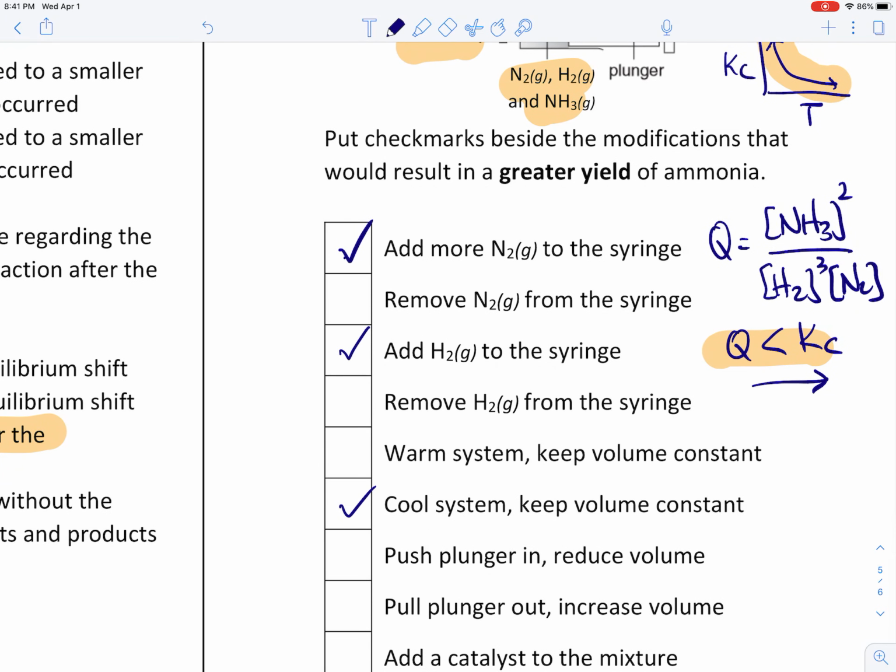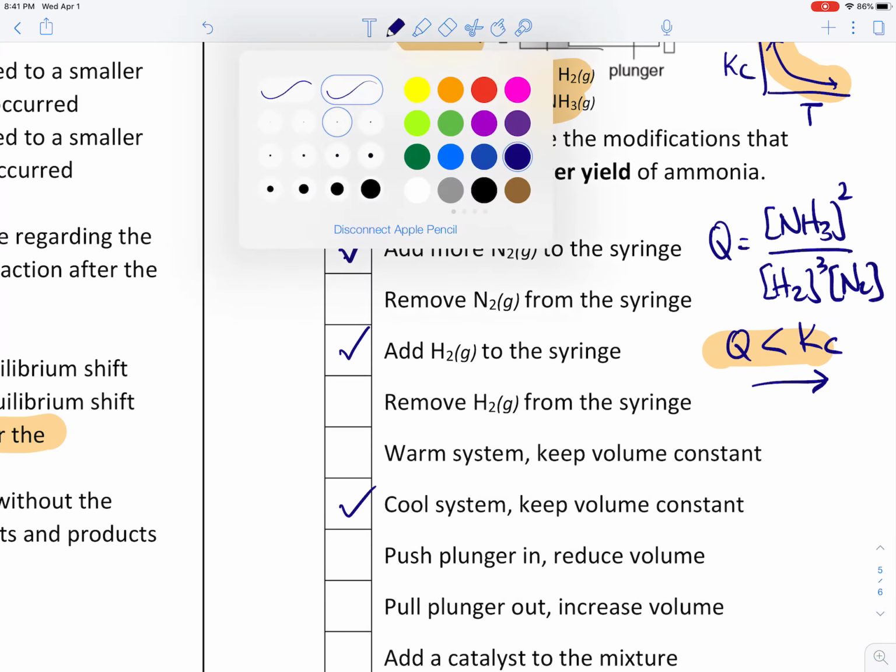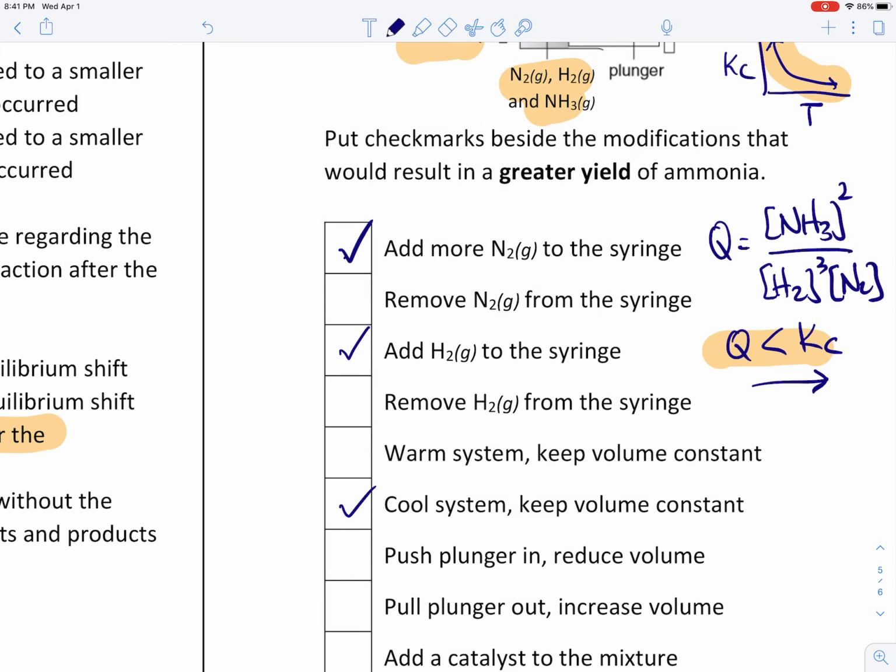Should we reduce the volume or should we increase the volume? Push the plunger in or pull the plunger out? Well, this one's a little bit more complicated. Why don't we just try one? Let's reduce the volume. If we reduce the volume, as we saw earlier, all of the concentrations would increase. So both the numerator and the denominator would increase.